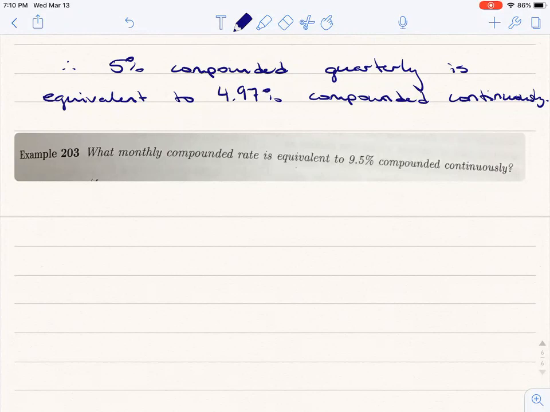Now we're starting at a continuous rate and we're moving to a monthly compounded rate. So here we've got R and we're compounding continuously and moving to an F2 of monthly, which is 12.